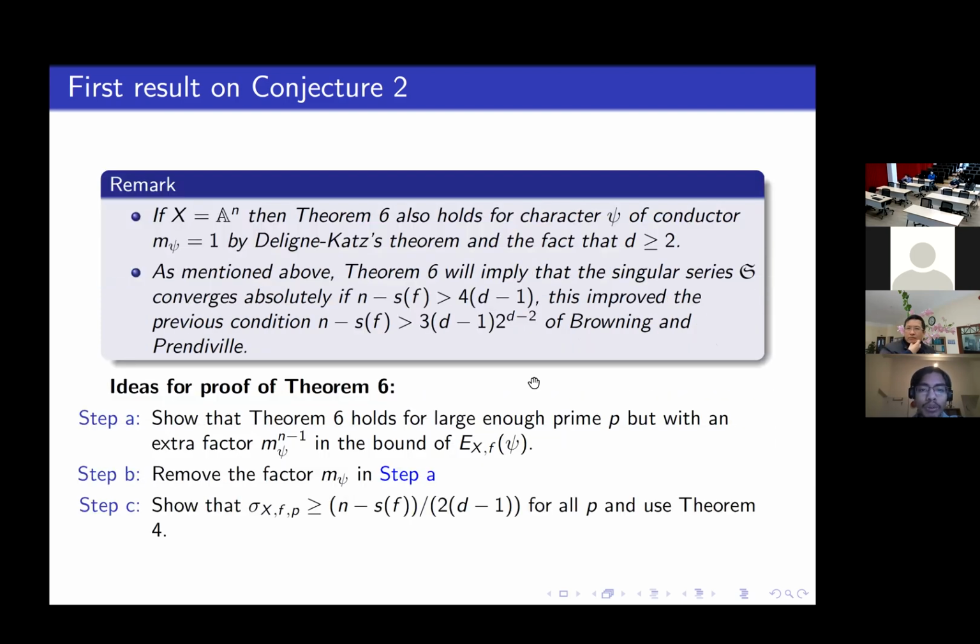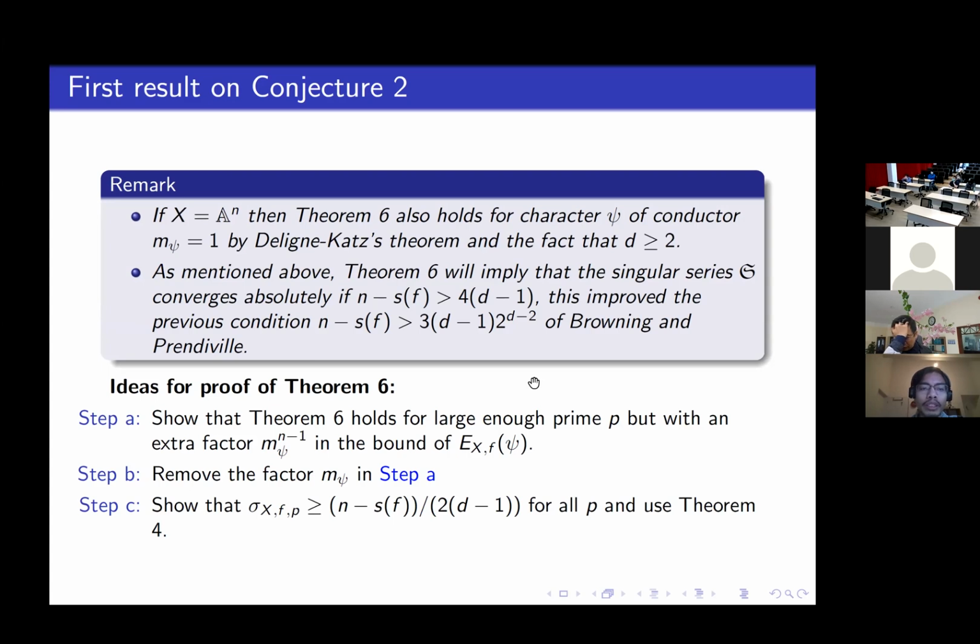And here I have two remarks. If X equals A^n, then Theorem 6 also holds for characters ψ of conductor 1 by using the Lang-Weil estimate and the fact that D is at least 2. So when X equals A^n, we can confirm Conjecture 2 for σ less than (n minus n_F) over (2d minus 1).